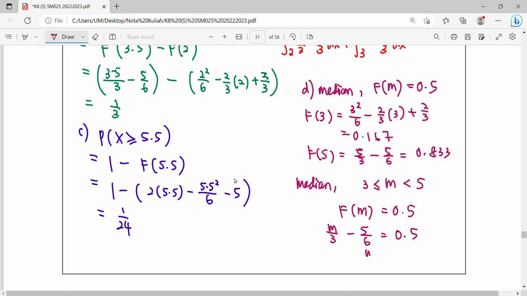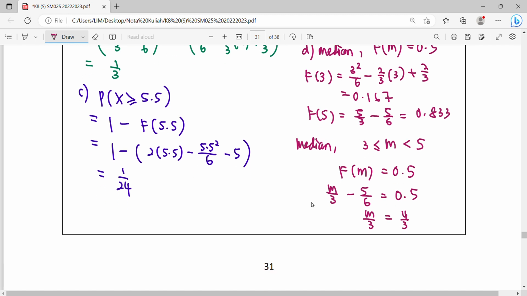So m/3 plus back 4/3, correct? So m will equal to 4. So median jatuh di continuous random variable 4. Dia boleh titik perpuluhan berdasarkan apa yang kita dapat kira sini. Is it this one 0.5 plus this one? Betul? 4/3, betul?